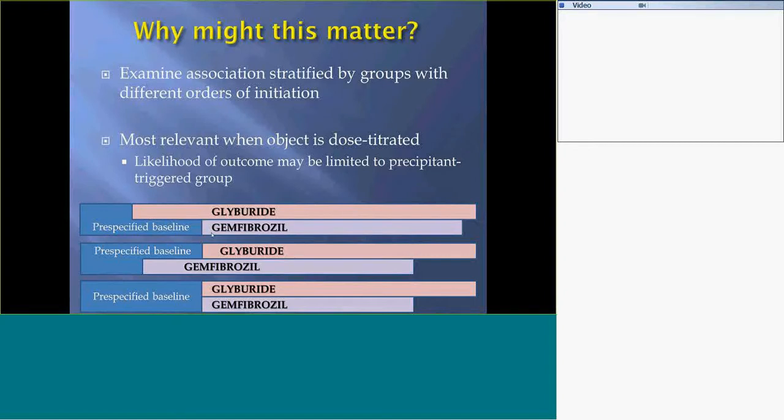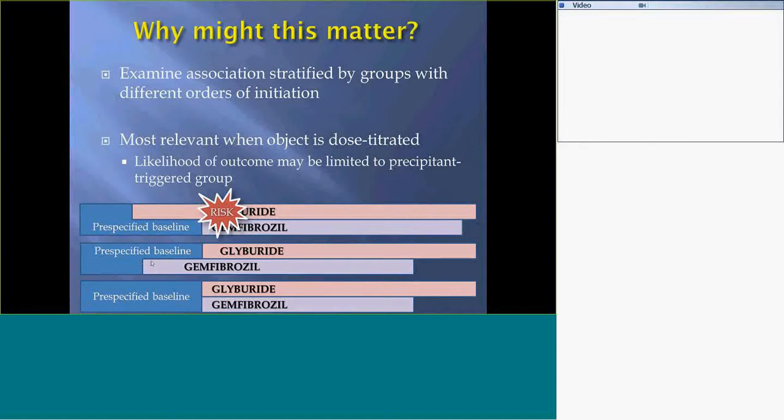But at some later point, gemfibrozil, which inhibits the metabolism through the CYP enzyme system, is going to inhibit the metabolism of glyburide and can cause an increase in glyburide concentration. So you can imagine in people that have this profile, that is precipitant-triggered entry, that the risk of the drug-drug interaction might be highest soon after the precipitant drug is added. That is, right when they enter the cohort in the cohort framework.